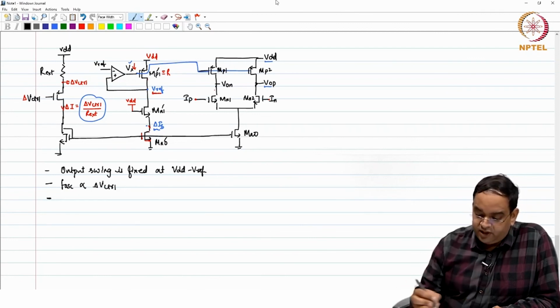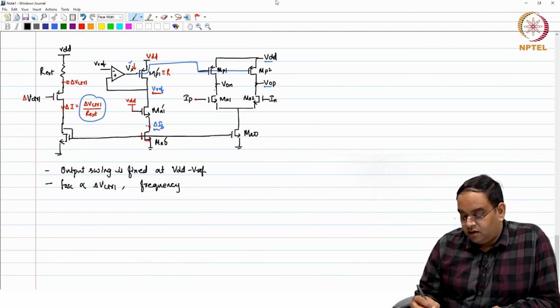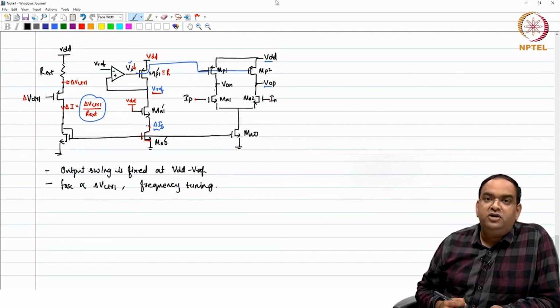This is nothing but frequency tuning. So, depending on how much control voltage you are using, based on that you can change the output frequency.